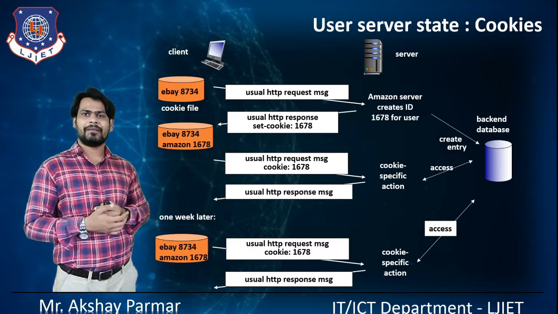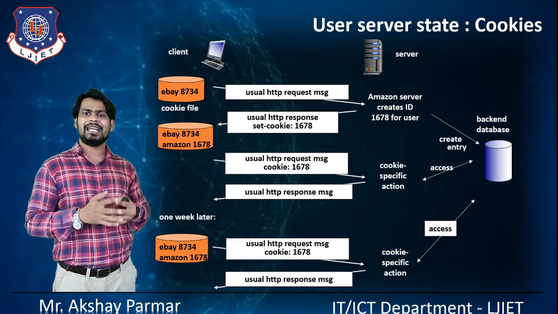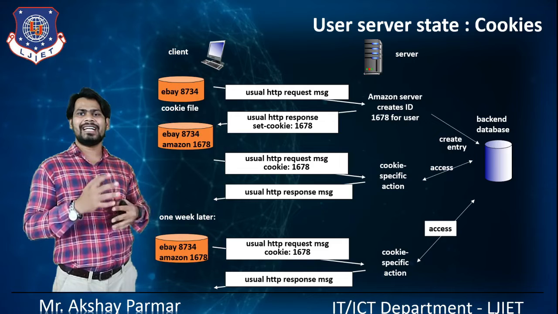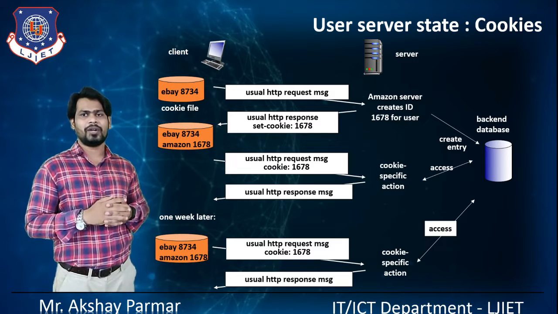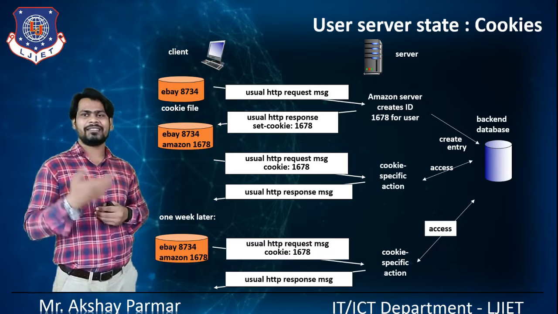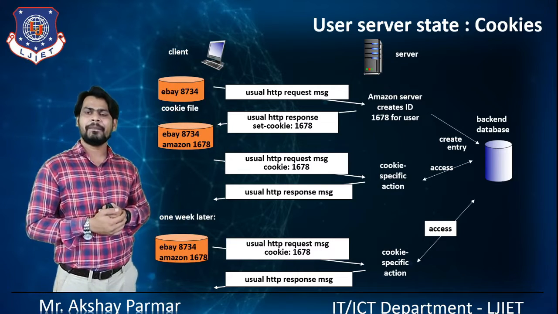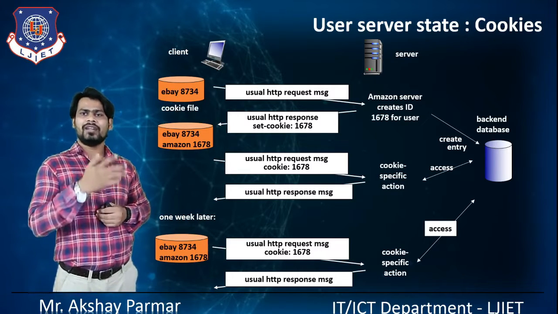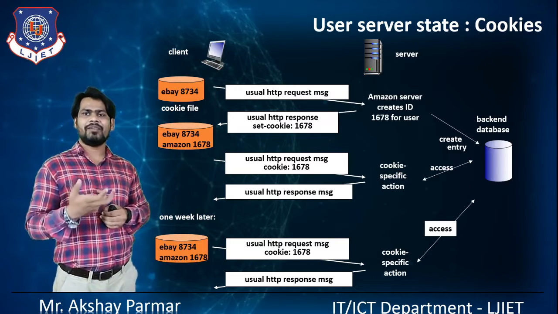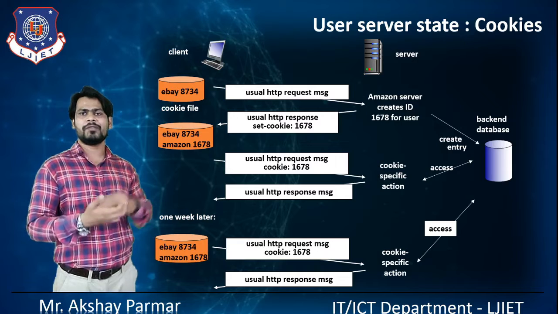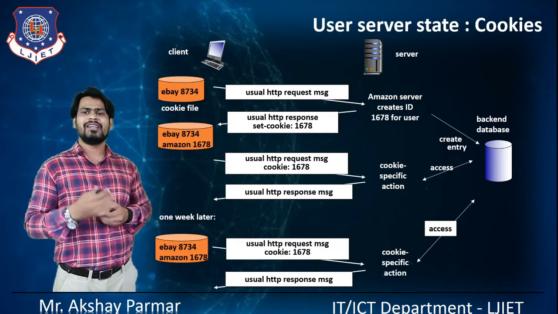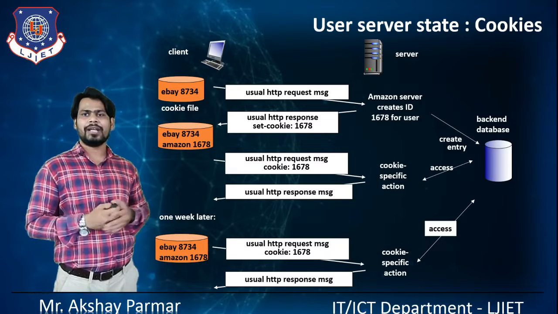After that, the server sends an HTTP response with that ID. The server sends a usual HTTP response with Set-cookie: 1678, for the client to keep. So the client stores that cookie on its local machine or in the browser. Whenever the client requires some information from Amazon, it can simply look in the cookie, where it gets a unique ID.